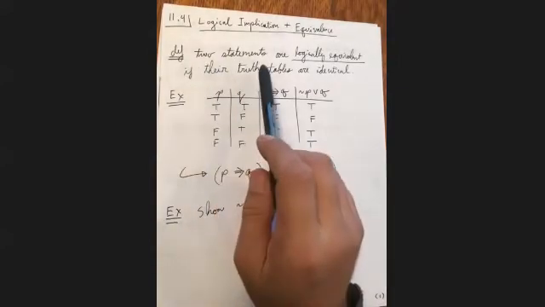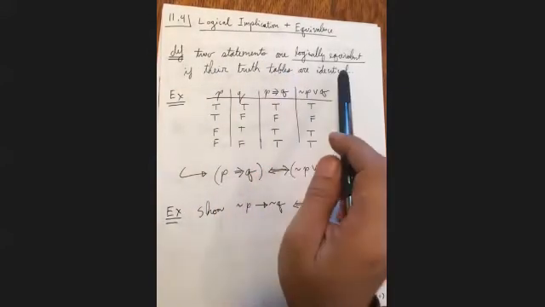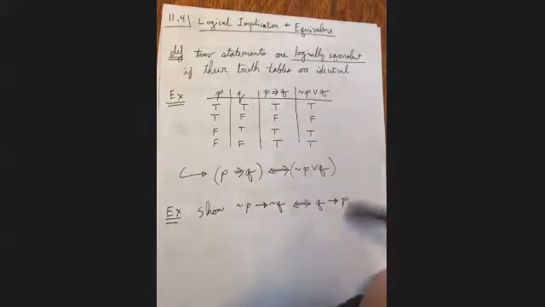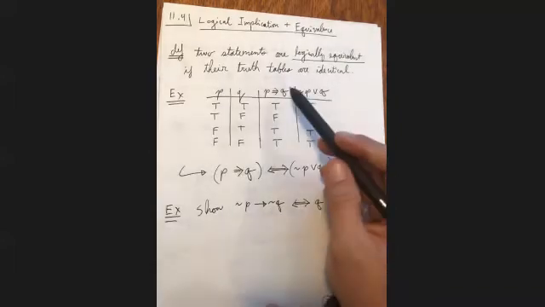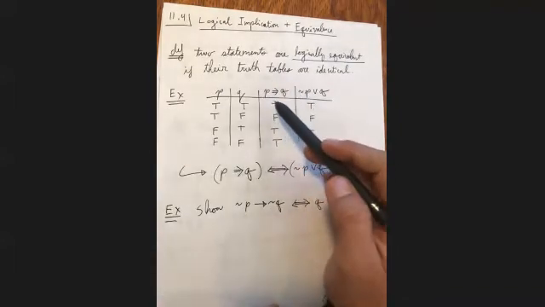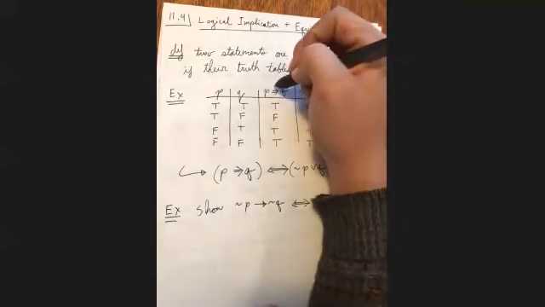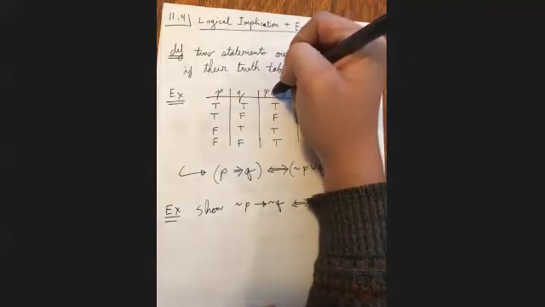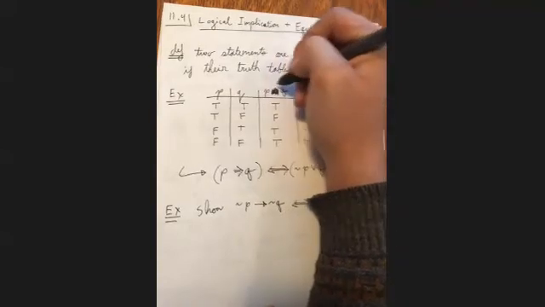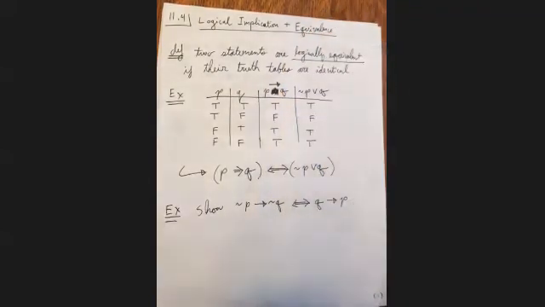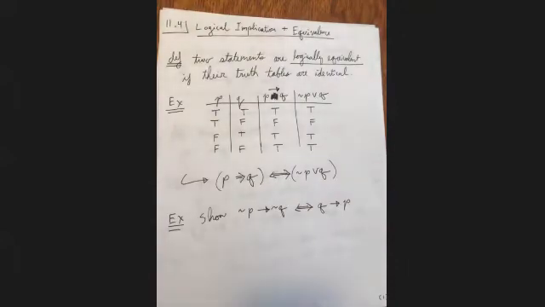Definition: two statements, think P and Q, are logically equivalent if their truth tables are identical. So what does that mean? Suppose we wanted to look at the statement P implies Q, and I am going to, in anticipation of this section, replace that symbol with that symbol, and I will expound upon that further later in this lecture.